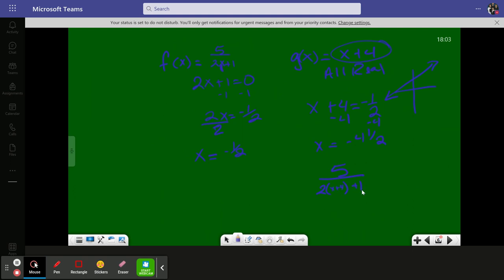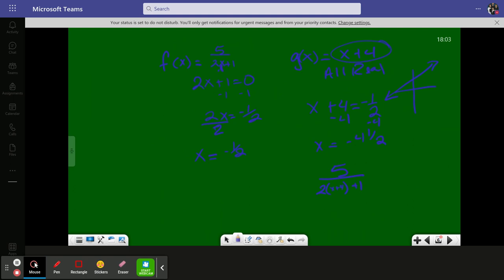I'm still taking out this x and putting in g of x because it's f of g, right? I'm just trying to do a little bit of a shortcut by saying all I really need to know is what would give me a 0 here.